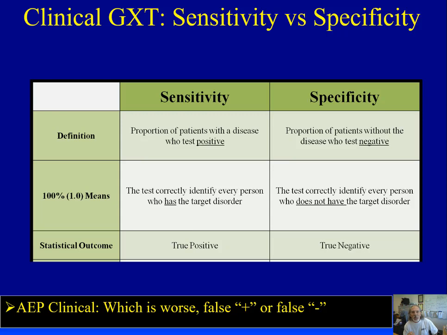Specificity is people that don't have the disease and the test says they don't have it, meaning they test negative. So 100% means that specificity is that the test says you don't have coronary heart disease, and it's a true negative. So let me give you an example of a test that was a false negative.